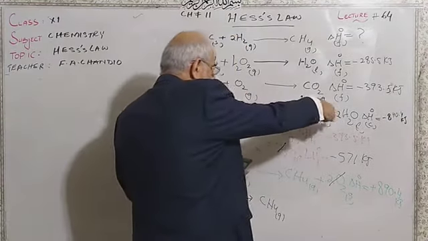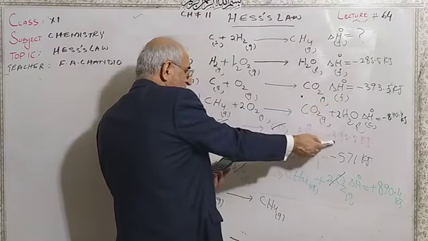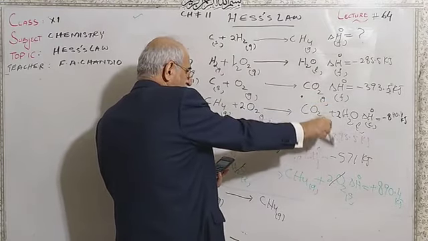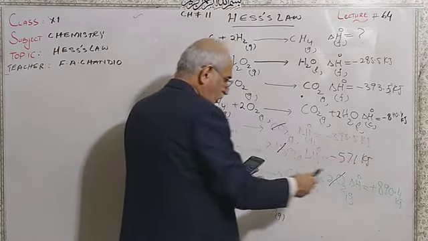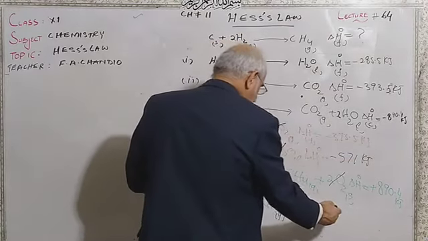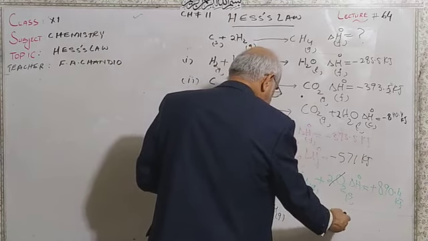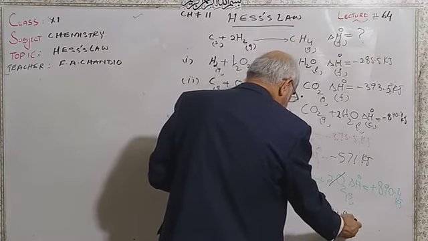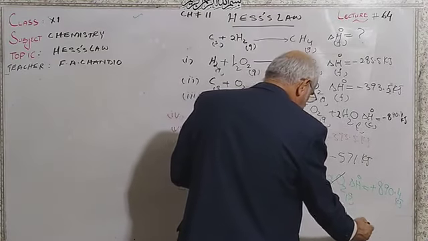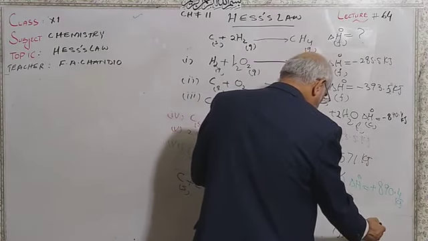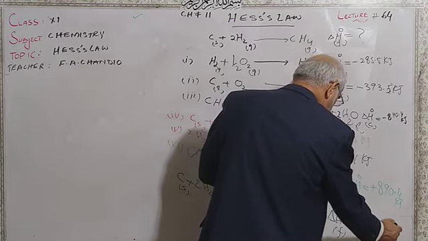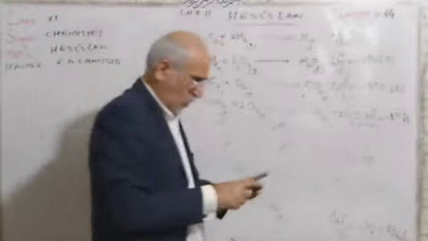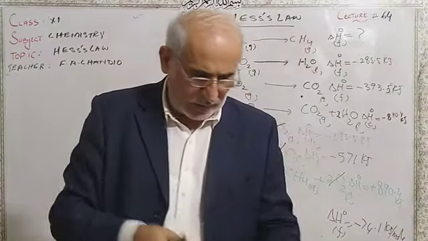So now students, don't put the minus in the calculator. This value is a minus, the greater value, and this is a plus value, which is the lesser value. That's why delta H naught formation of methane, put the minus value, 74.1 kilojoules per mole. So this is your answer.